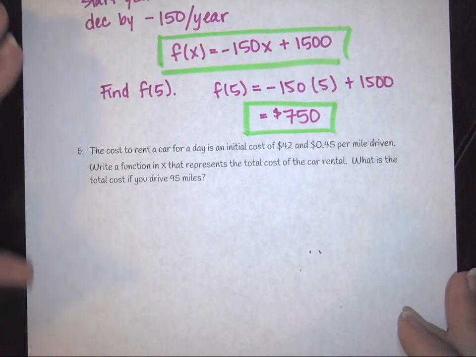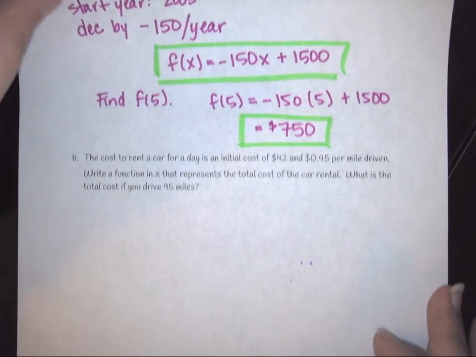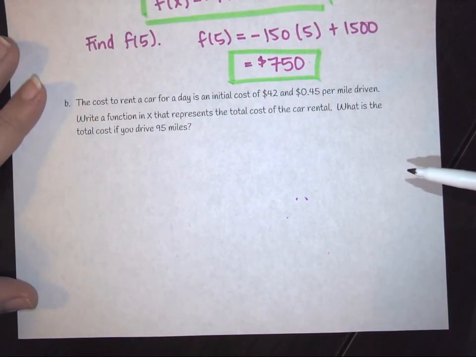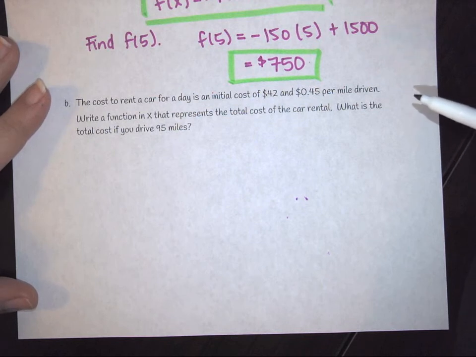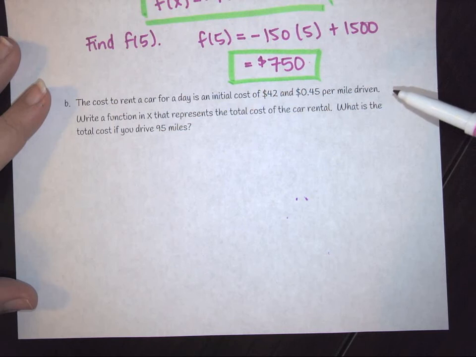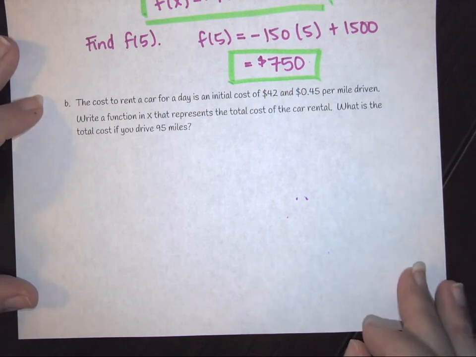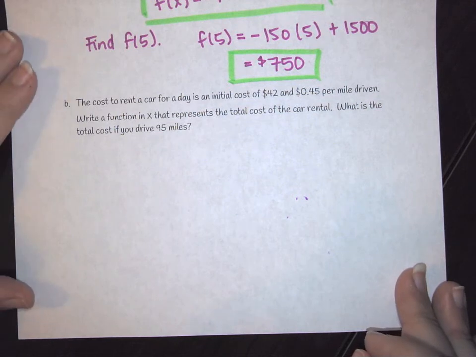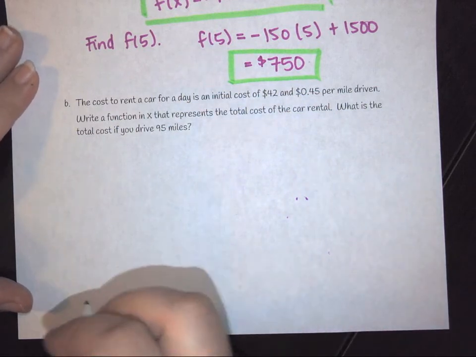Now another way that you could see the word problem created is like this one, where it says the cost to rent a car for a day is an initial cost of $42 and then 45 cents per mile driven. Write a function in x that represents the total cost of the car rental. So we have to look at what do we have.